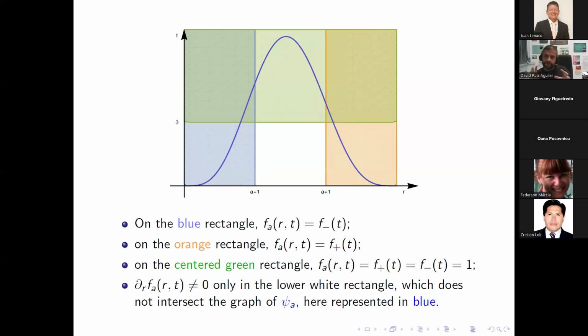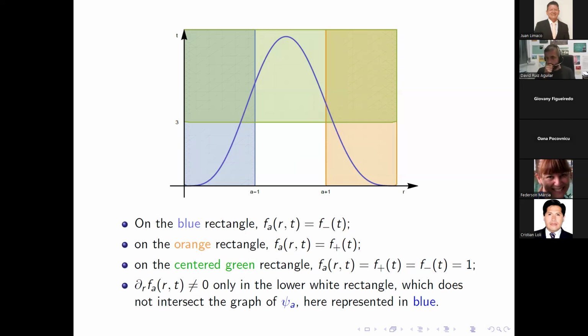But the good thing of this construction is that if you build a solution which is not radially symmetric, okay, to the same equation, then it's going to be also locally autonomous, and then it's going to be a solution of 2D Euler. And the reason is that you don't touch this white region. This white region is the only region in which you do see the variation in x on the function f.